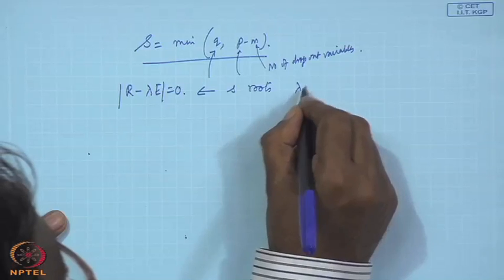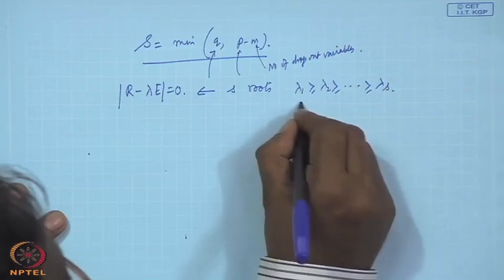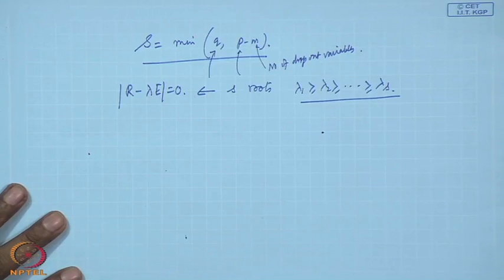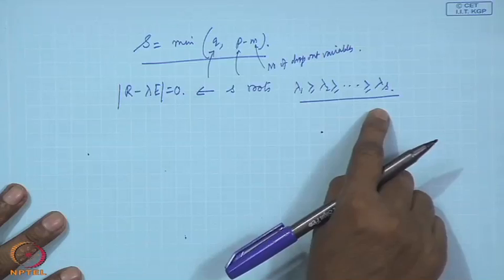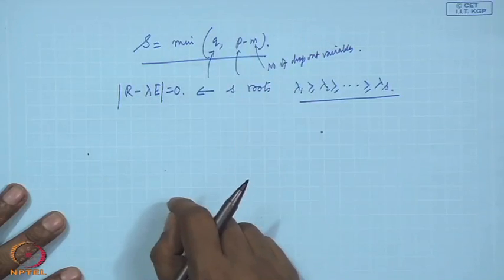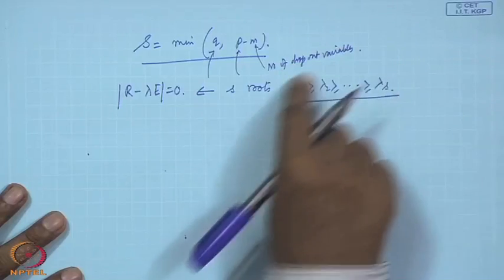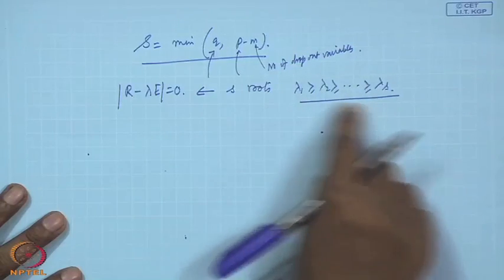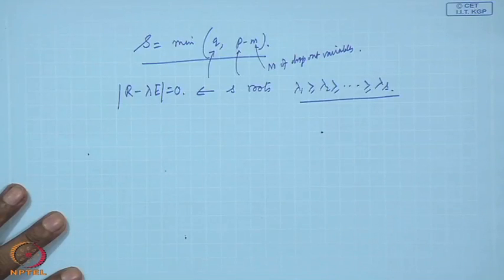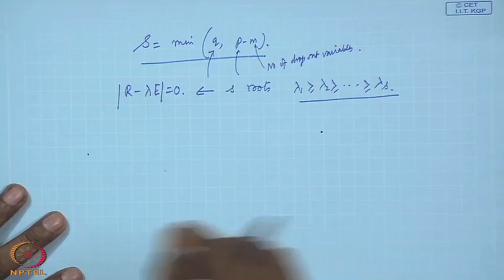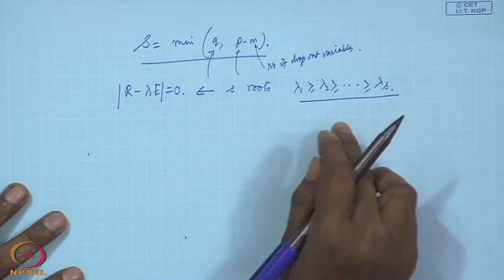These roots are lambda 1 greater than or equal to lambda 2 greater than or equal to lambda S. When you do the eigenvalue decomposition of this matrix, you will find that there are P roots, or here S roots, and the first one is the maximum, followed by the next ones like this. Okay.